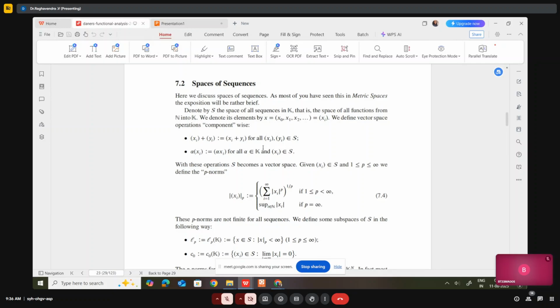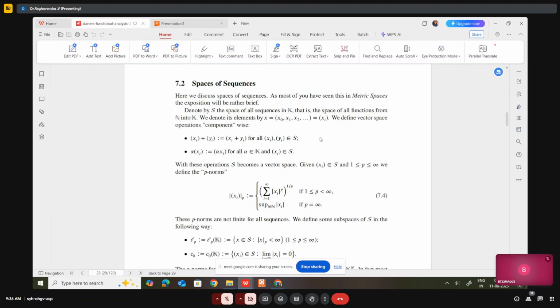It's a map from the integers to whatever the set is. We define a vector space. Please note this x has infinite components: x0, x1, x2, xn, and so on. We write this briefly as the bracket xi. Whatever bracket you want, you can use.